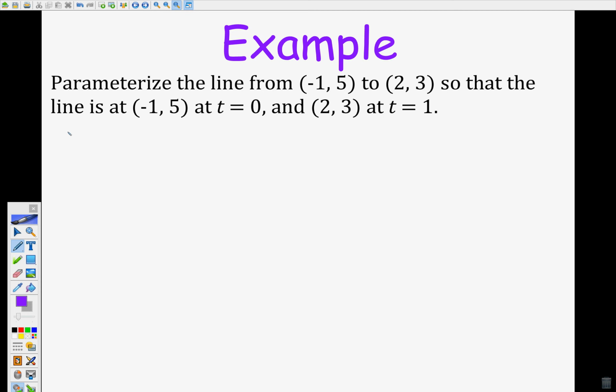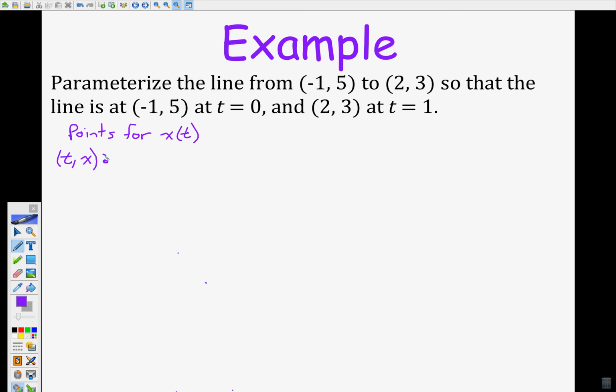In order to do that, the first thing I'm going to do is find my points for my x of t equation. And remember, when I'm doing x of t equations, I'm looking at points that are (t, x). Time is going along the horizontal axis, and x is going along the vertical axis.